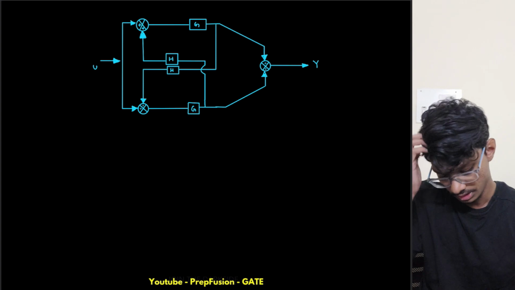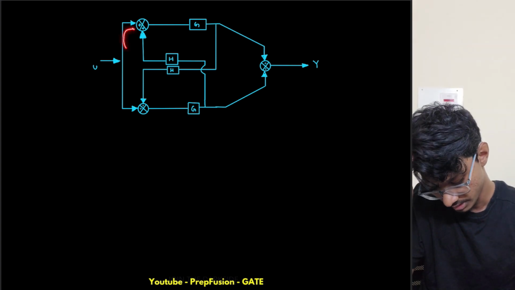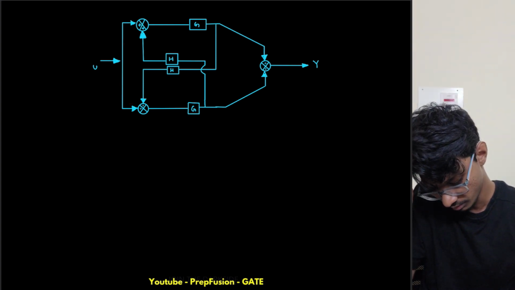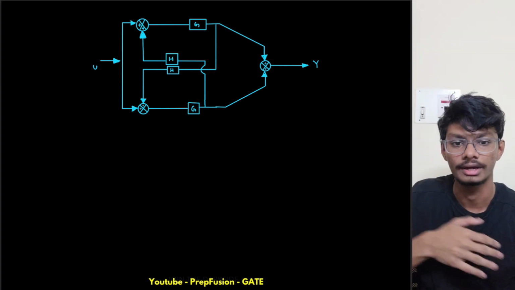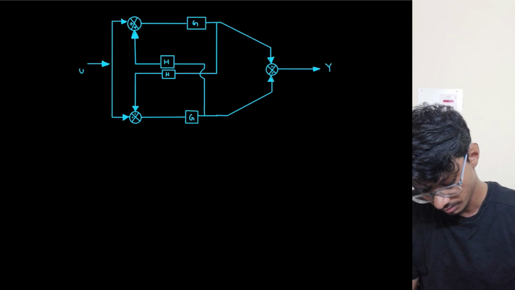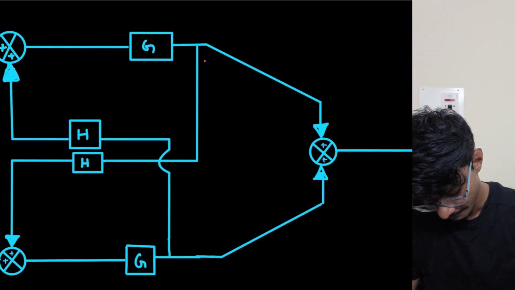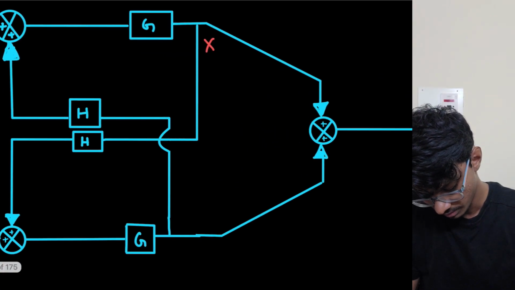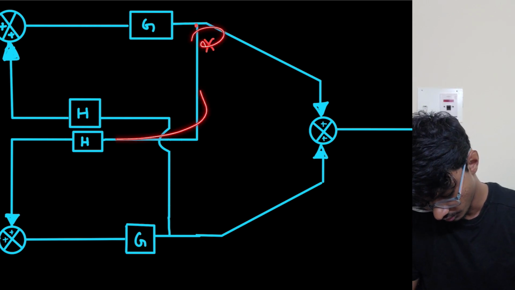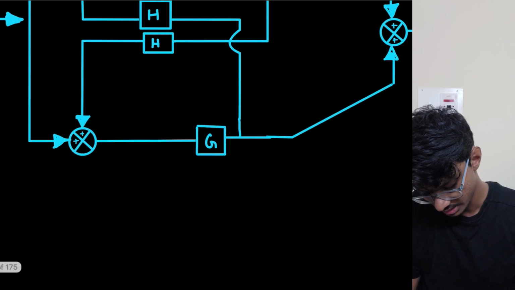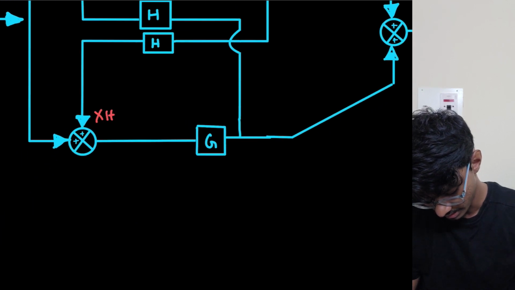I see u over here, but I don't know this point or this point, so let me assume one of these points and start from there. Let me assume this point as x. Then this x is coming over here, getting multiplied with h and becoming x times h.